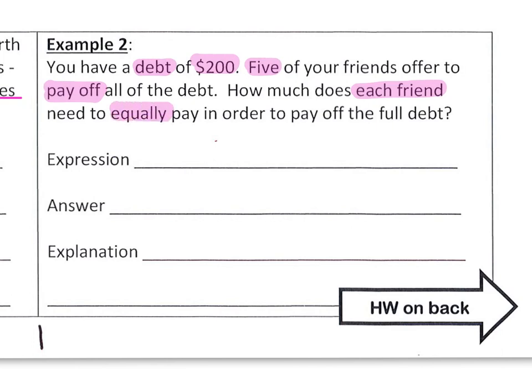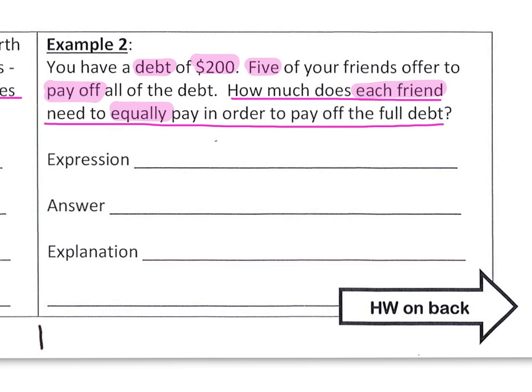So that part is important too, because I'm going to underline it because it's my question. I always want to come back to that at the end and see if I answered my question. So how much does each friend need to pay? But that equally part means that when I split this, they're going to equally pay it off. They don't want one friend to pay more than the others. So my expression needs to take that into account.